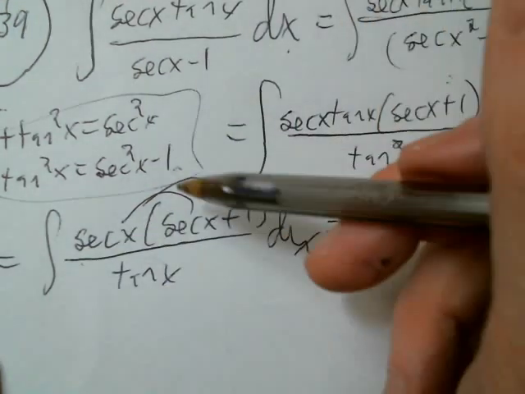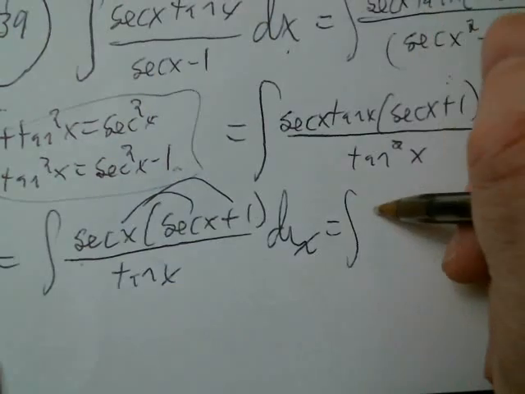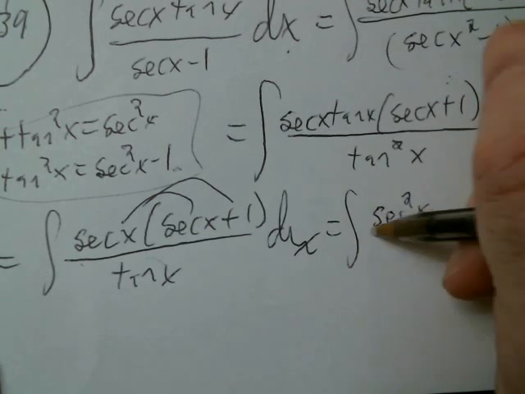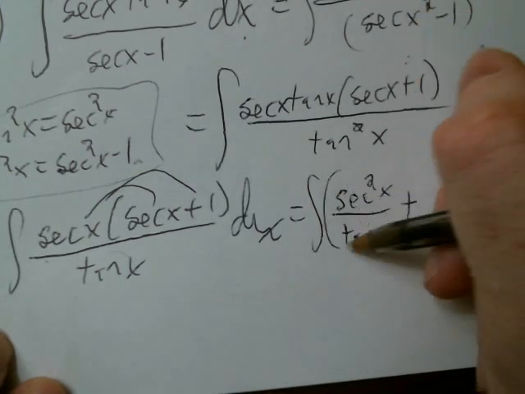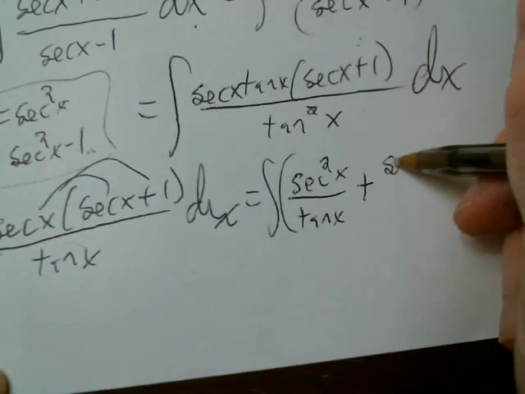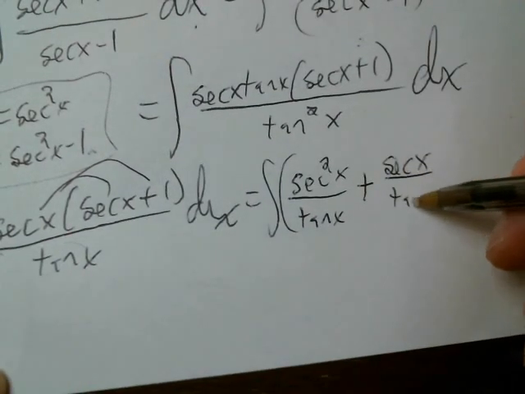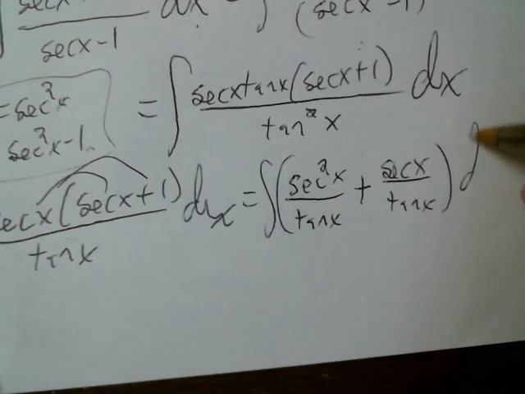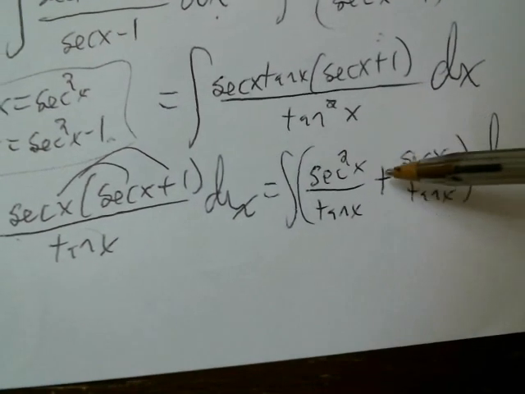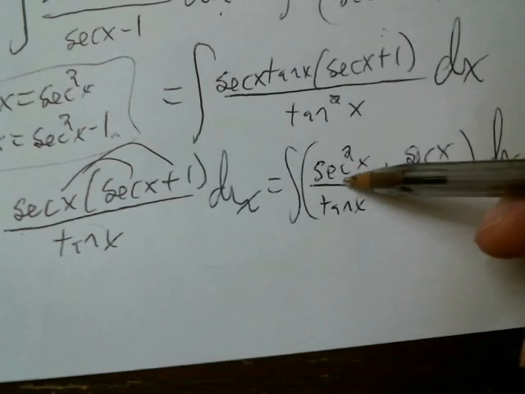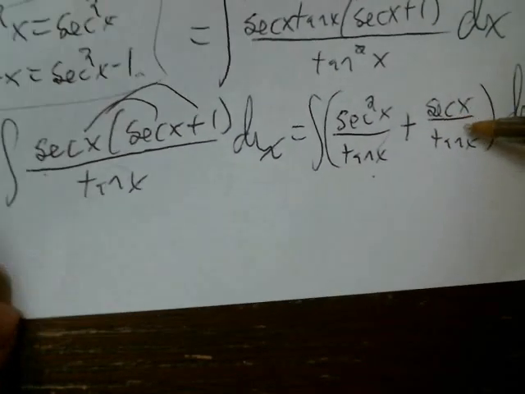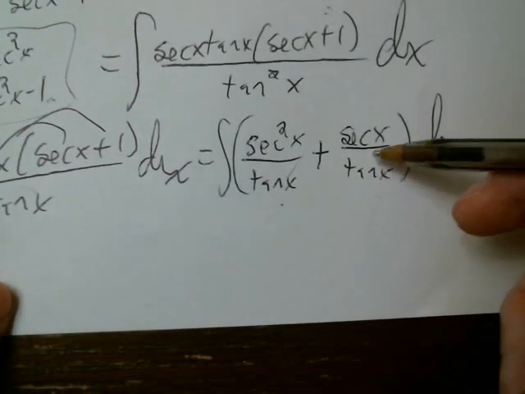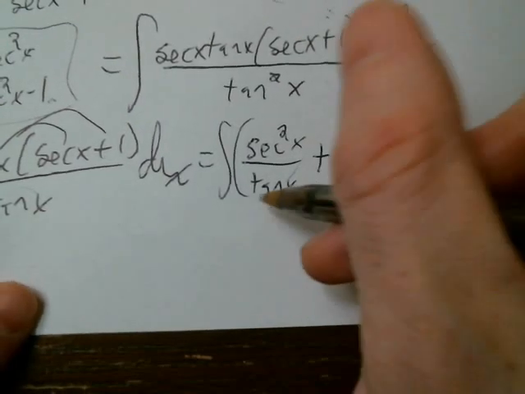And then I want to butterfly it, right? So I'm going to have secant squared x all over tan x, plus secant x over tan x, dx. Okay, and then on the first one, I can do a u sub now for u equals tan x. On the second one, I'm hoping I can do some clever cancellation.